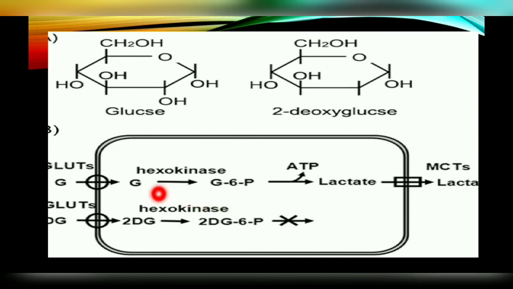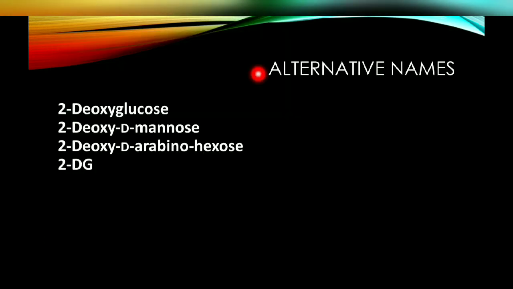There is conversion of 2-deoxy-glucose to its phosphate. 2-DG 6-phosphate is produced by the enzyme hexokinase, but further conversion to pyruvate and lactate is not happening, and at this step your glycolysis is inhibited. So there is no production of energy. When there is no energy, the viral infected cells will die.